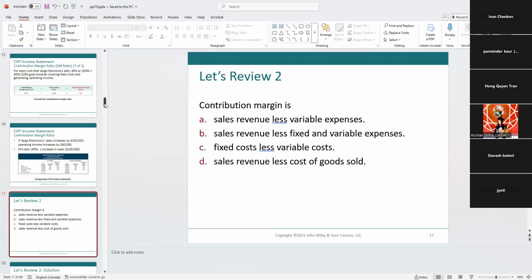No. What will be that? Operating income. Thank you. What is the fixed cost less variable cost? Nothing. Fixed cost minus variable cost is nothing. Make sense? Yes, sir.